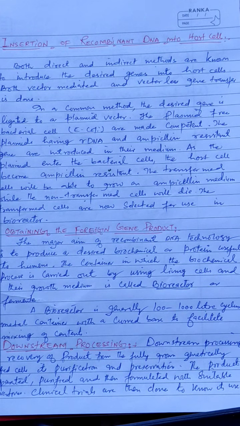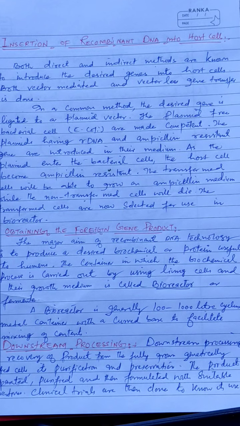So the fifth step is that we have to obtain the foreign gene product. Ultimately what we are aiming for is to get the desired gene product, because the final product of a gene is a protein. So the major aim of recombinant DNA technology is to produce a desired biochemical or protein useful to humans.